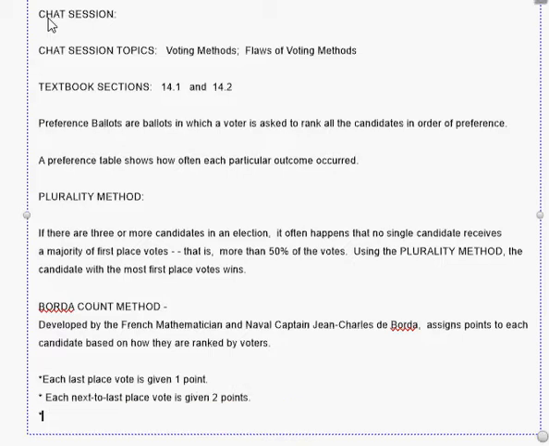Each third to last place vote is given 3 points, and so on. The candidate with the most points wins.